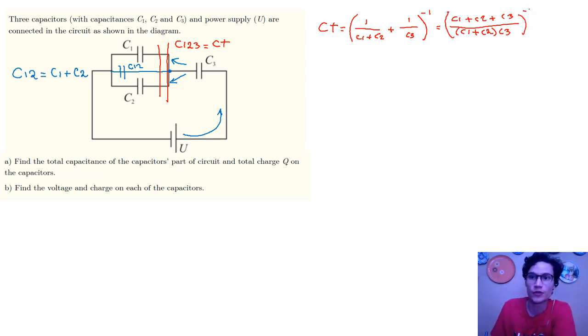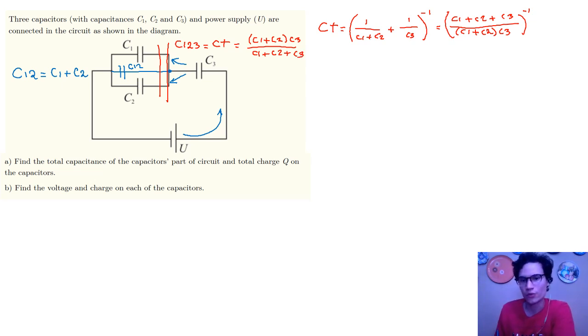And we just invert that and we get that the total capacitance of the circuit is C1 plus C2 multiplied by C3 over C1 plus C2 plus C3.